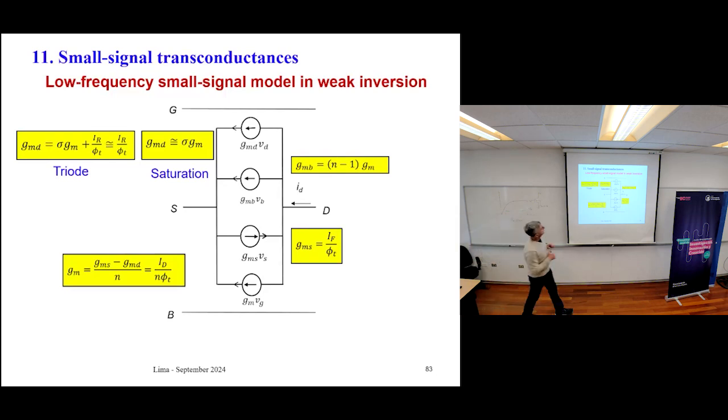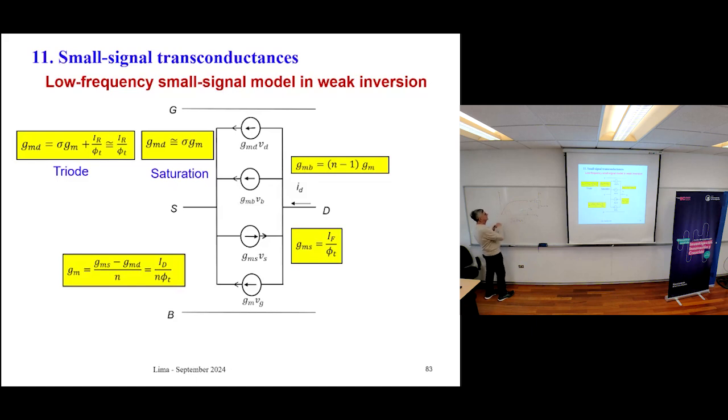Now, this is GMS. Well, what's GMD? GMD has two terms. One is similar to GMS. But when you move from the triode region to the saturation region, this is kind of an imaginary separation between these two regions. There is no clear division between them.